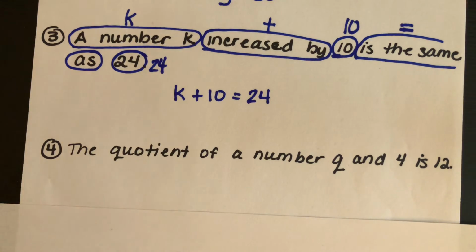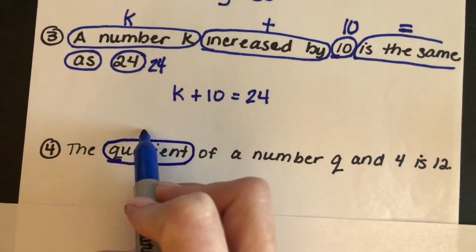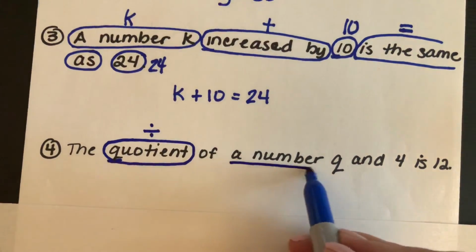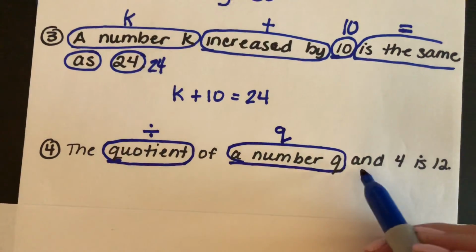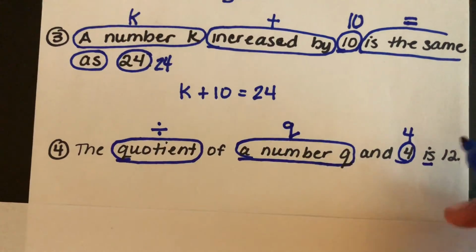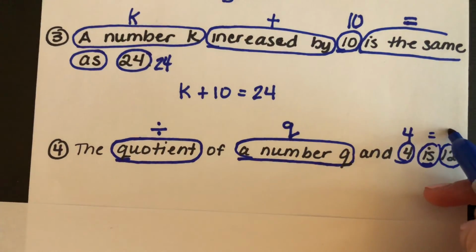Okay, so we have the quotient. Quotient means to divide a number Q and 4 is 12.